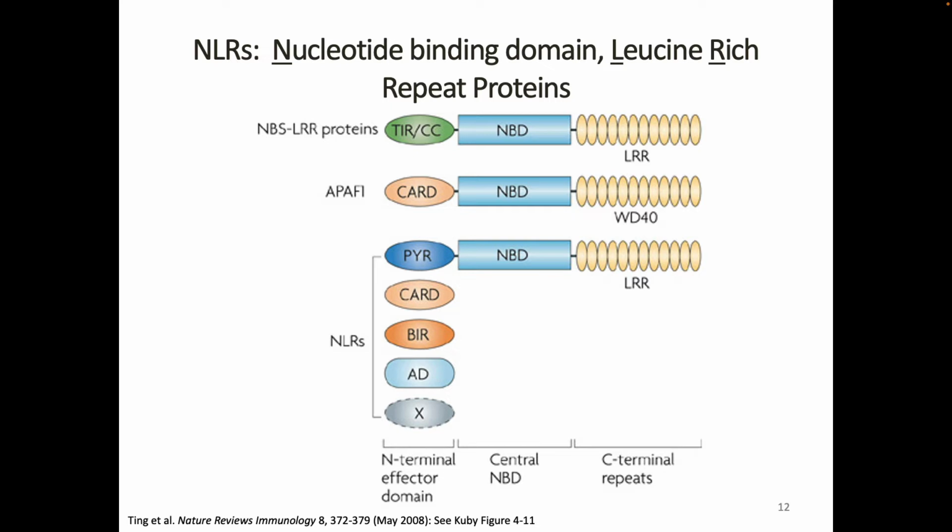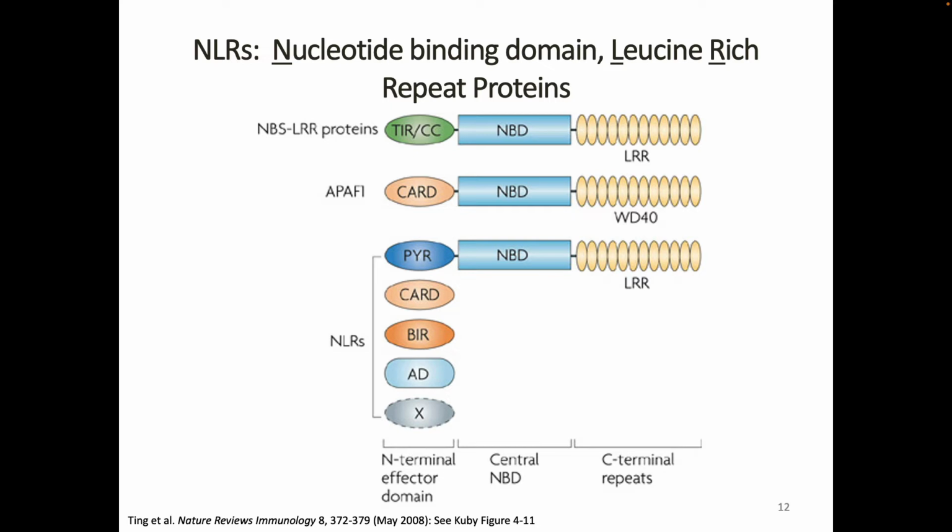So with the apoptosome, APAF1 gets brought together. It actually gets brought together partially by WD-40s and turns on caspases to allow for apoptosis in terms of cell death.